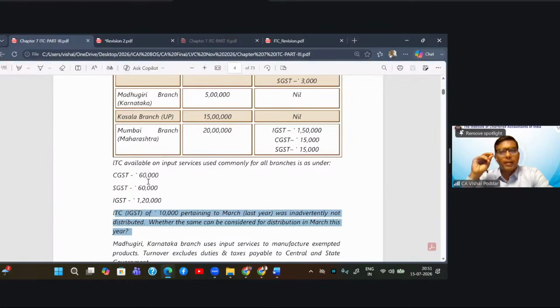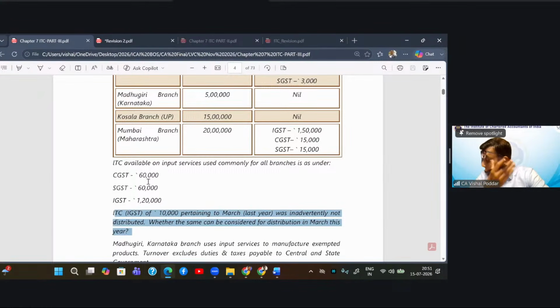I repeat, the credit of ISD which you are distributing to other branches, what is the rule? If the other branches are in the same state, the credit of CGST will be given as CGST, the credit of SGST will be given as SGST. But if the other branches are in different states, then the credit of CGST and SGST both will be given as IGST.